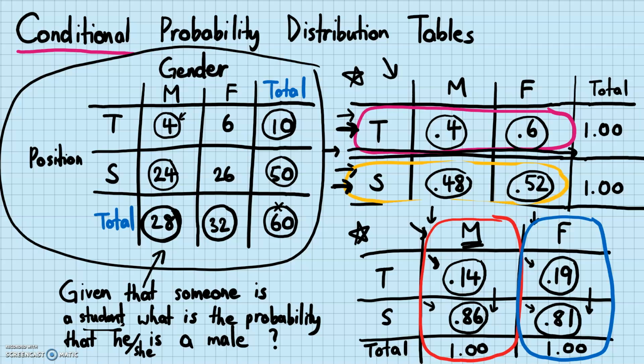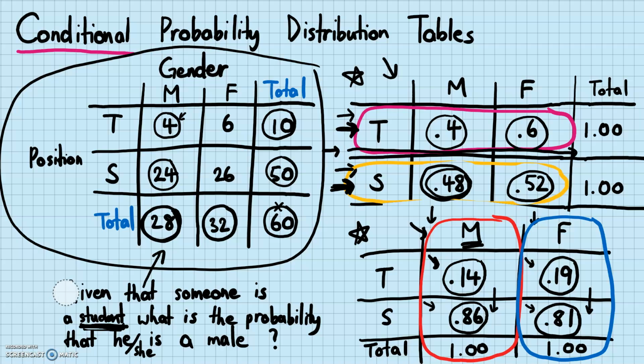I have to look at the part where they group the students together, right? So because it's given that they are students. So that means I have to look at this yellow section right here. Given that someone is a student, the probability that he or she is a male is 0.48, 48%.